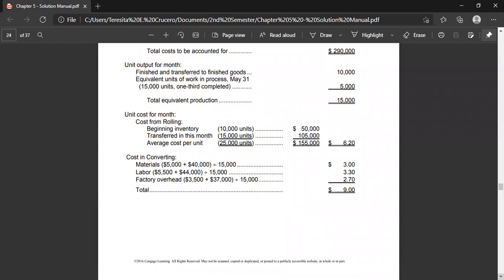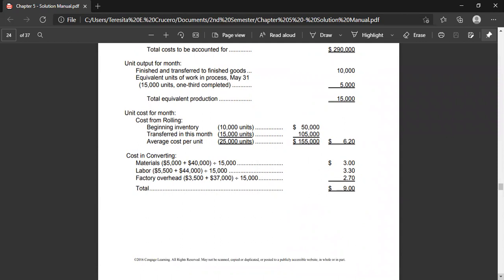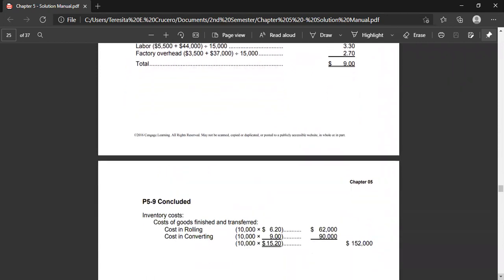Then for materials, you just add here, no? For materials, the sum of 5,000 times 40, and then divide by the equivalent production of 15,000 units. So these are now your costs in the converting department.